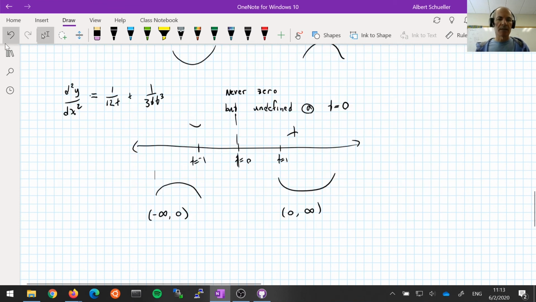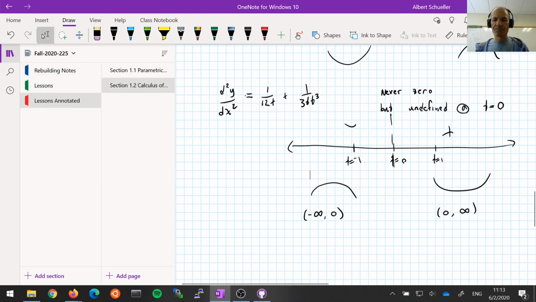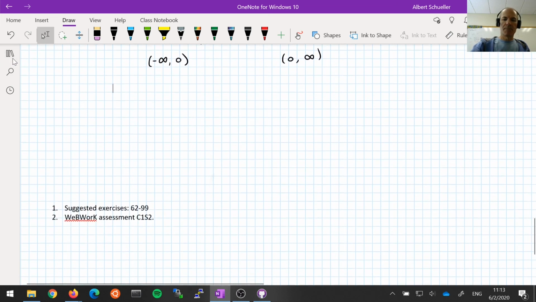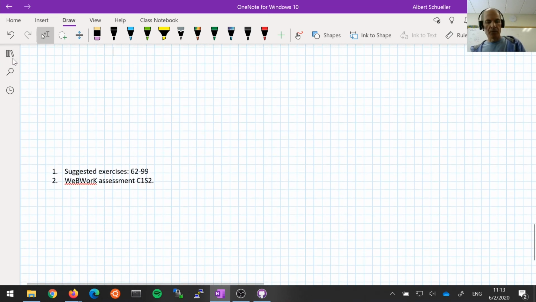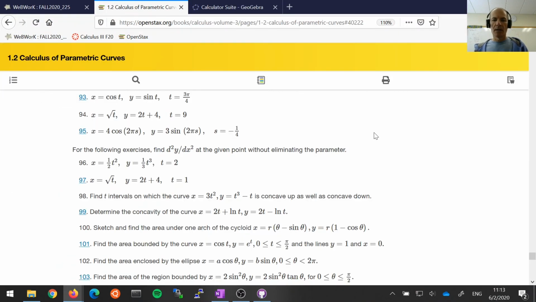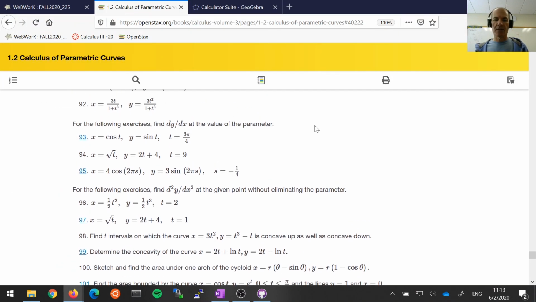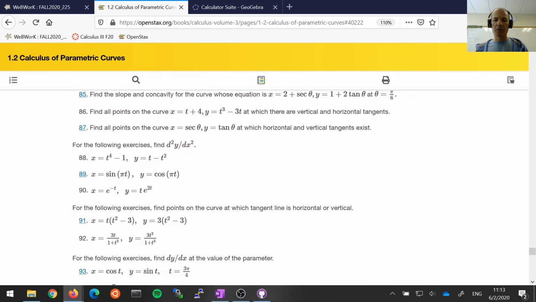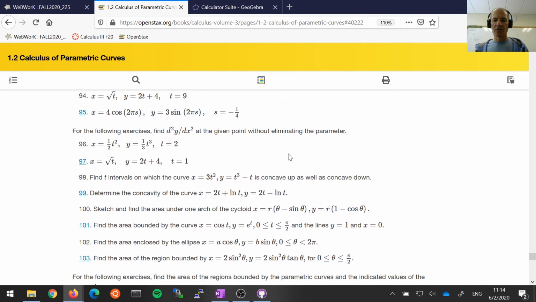All right, let's wrap this up here. So if you go back to the textbook here, I just want to emphasize that we're only interested in computing the first and second derivatives of parametric curves, which gets me up to just about 99.